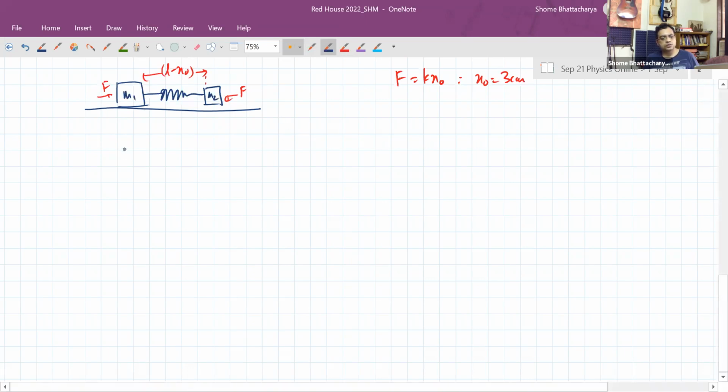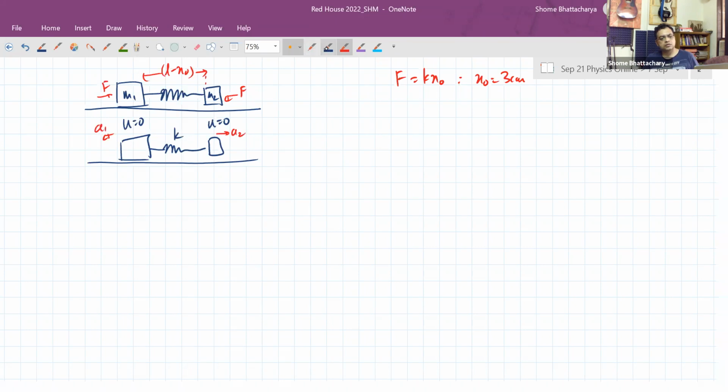Now I remove the two forces. The moment I withdraw the two forces, I start my stopwatch. Both the blocks are at rest, but they will race off with accelerations a2 and a1, such that the center of mass remains at rest.